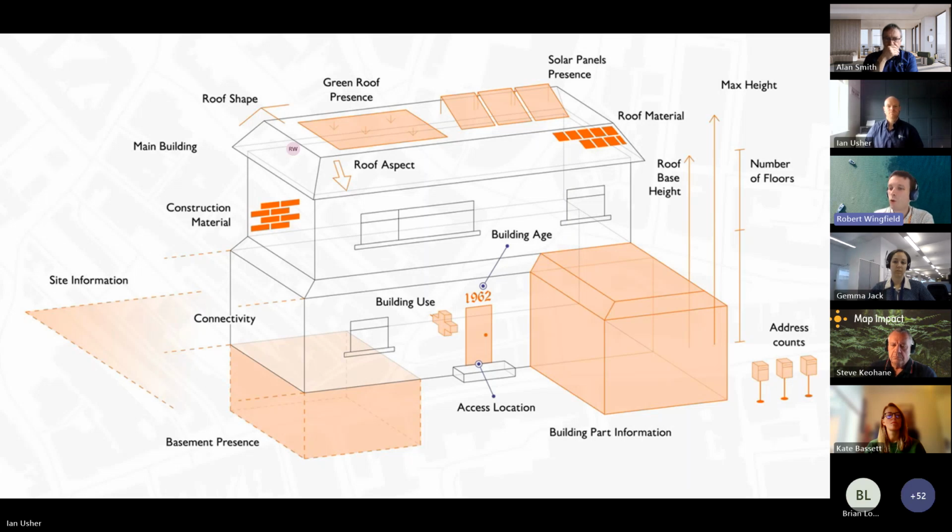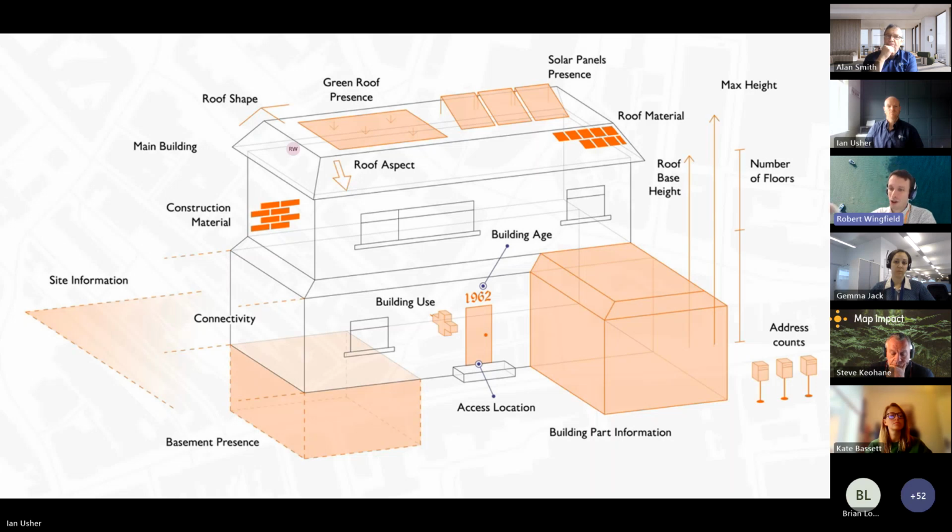What information can you tell from that building age, for example? But also further to that, understanding the roof information, things like roof shape, roof aspect, roof material, which can give a really good idea, and you can run some calculations on whether solar panels are present.